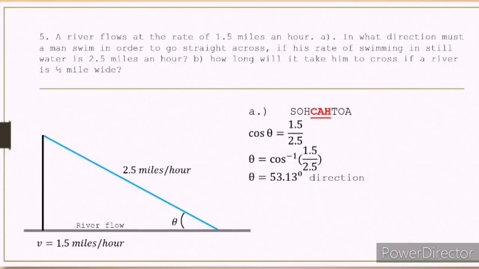A river flows at the rate of 1.5 miles an hour. A: In what direction must a man swim in order to go straight across if his rate of swimming in still water is 2.5 miles an hour?